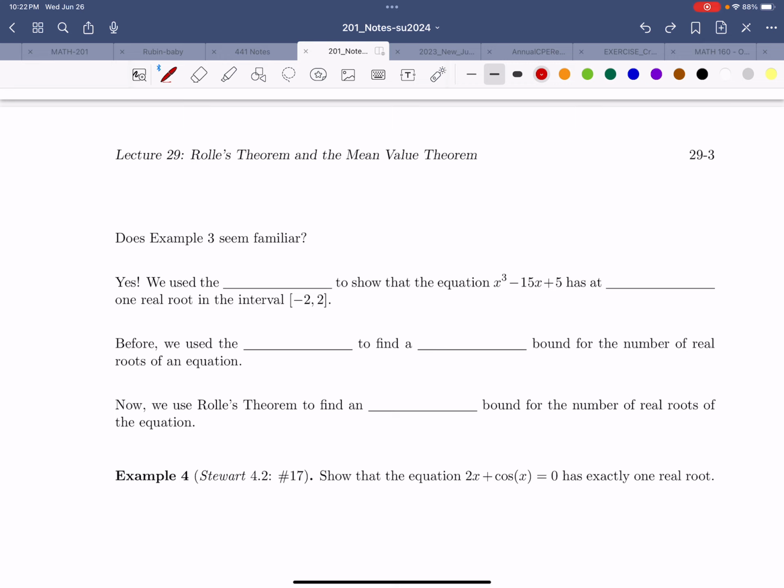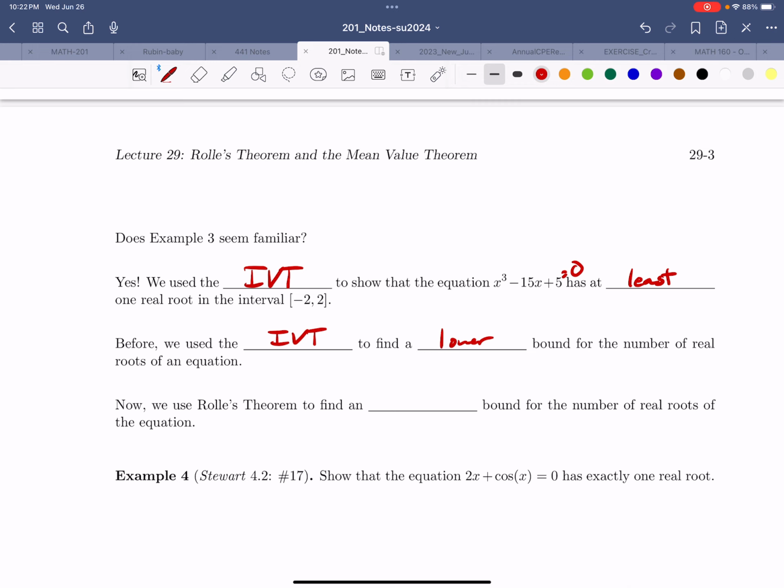Now, I don't know if example 3 seems familiar. You'd have to think a while back, but we used the intermediate value theorem to show that this equation, again, it should equal 0, has at least one real root in the interval -2 to 2, right? So before, we used the intermediate value theorem to find a lower bound for the number of real roots of an equation.